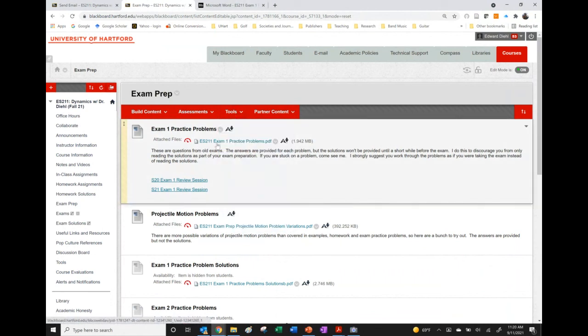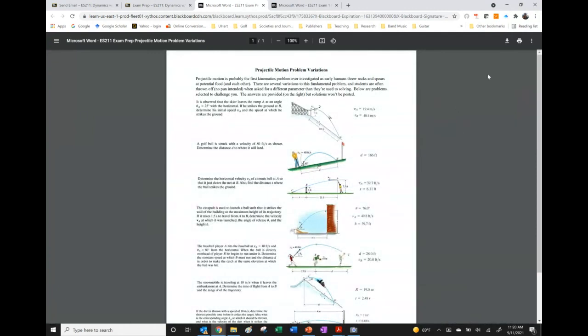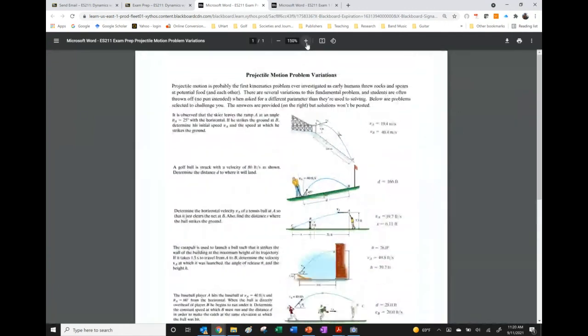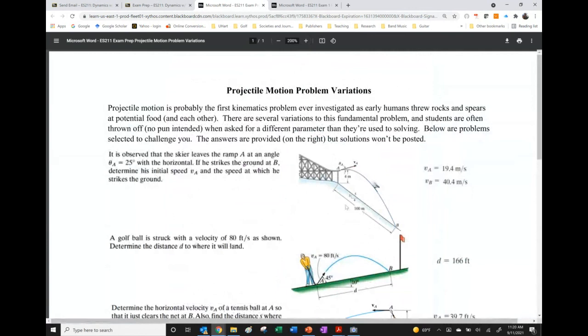But yeah, this is the place to go to, and this one will be turned on. No, this one is just the projectile motion problems. Yeah, I was solving that problem. Yeah, these are just extra problems. I could work on these too. I just never bothered writing all the solutions out, so I never bothered posting them.